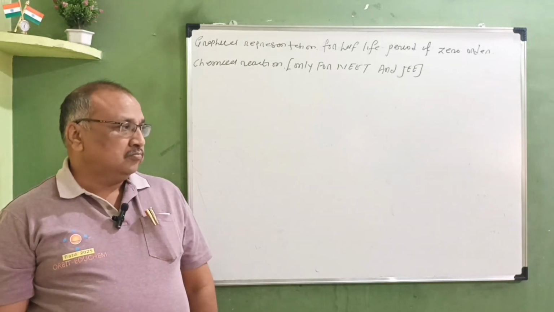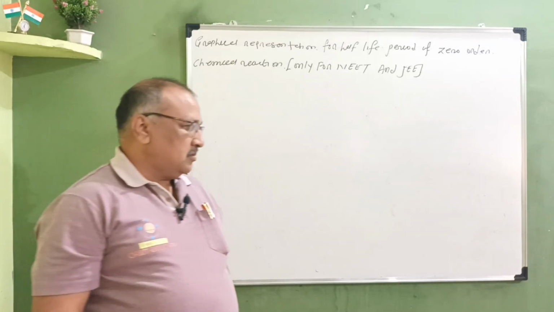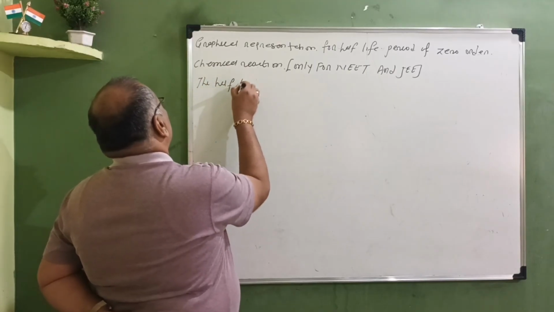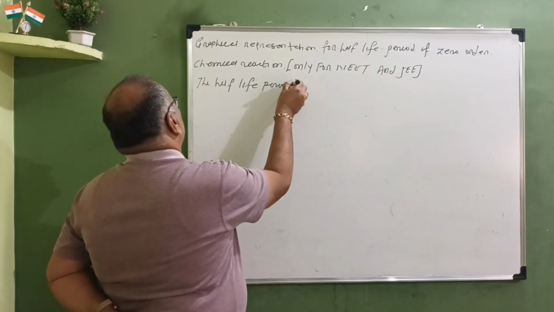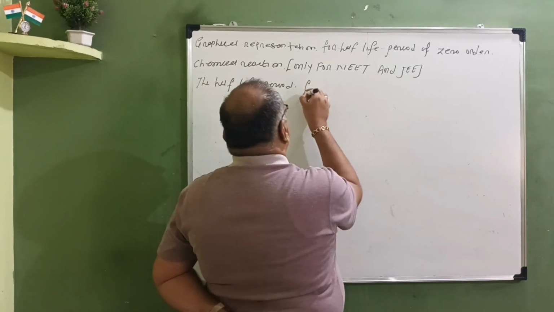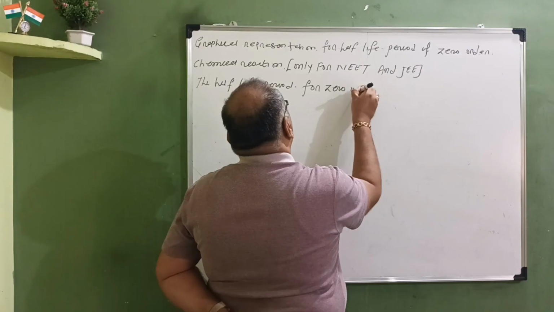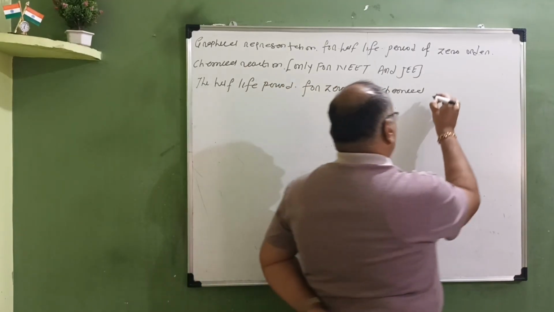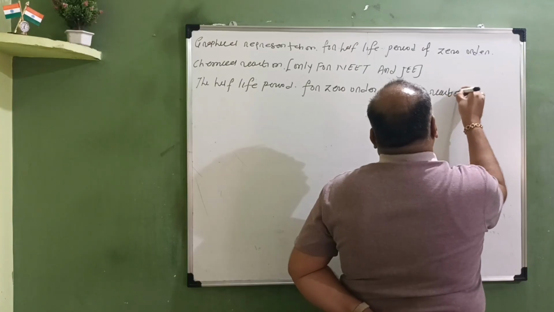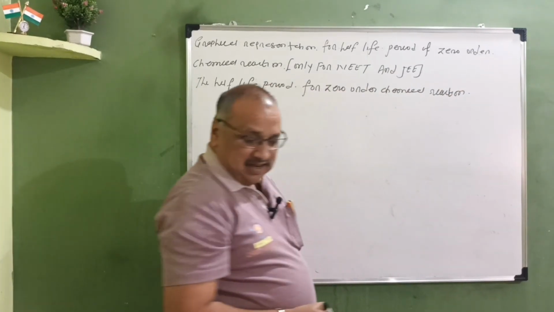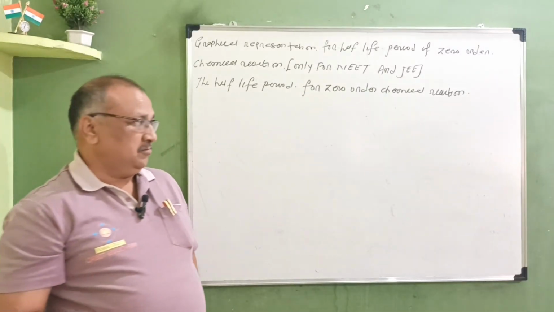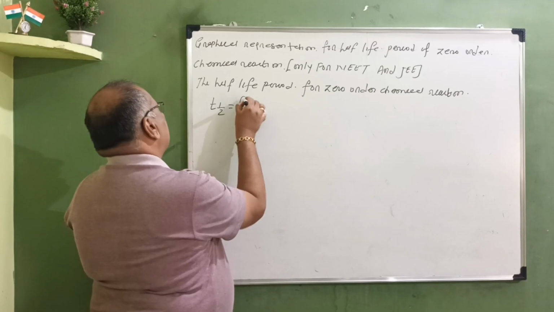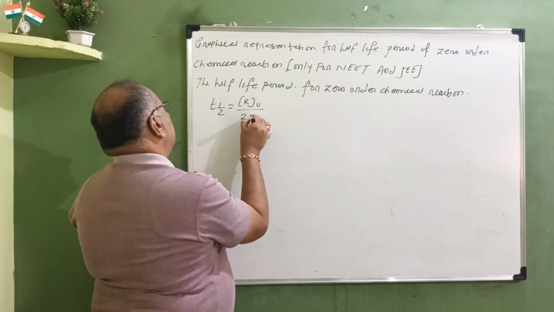Now write down the half-life period for zero order chemical reaction is given as T half is equal to R0 upon 2K.